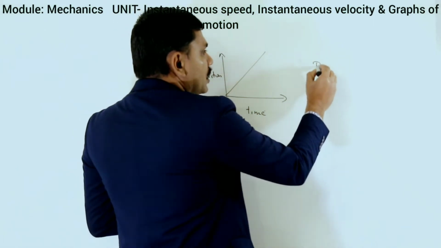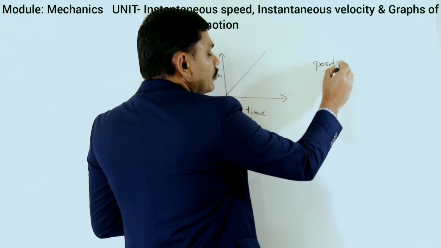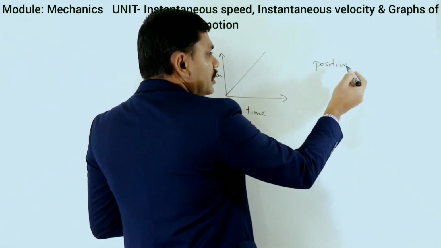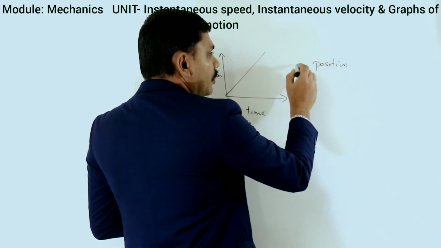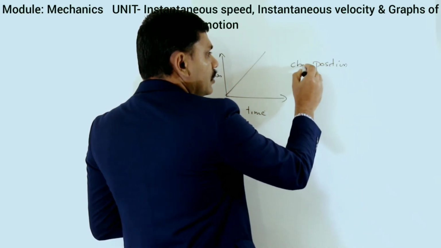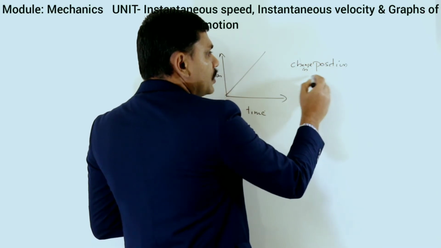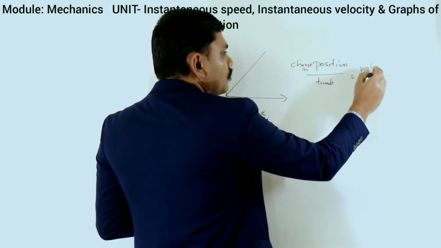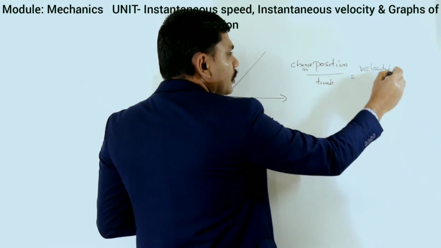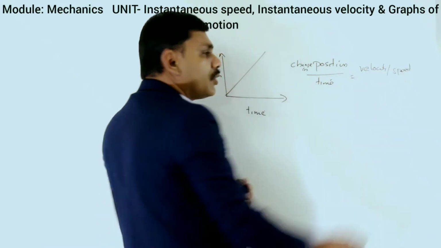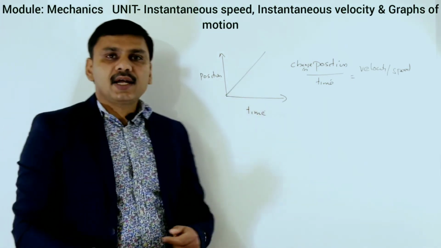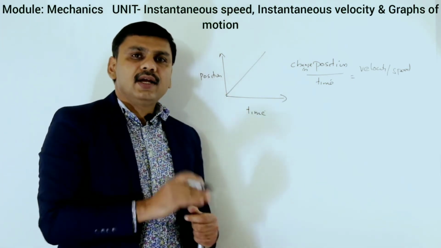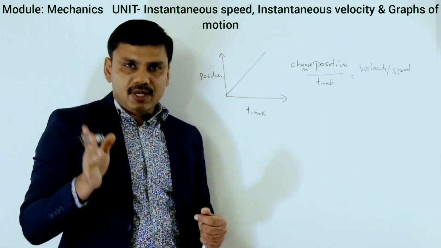So from a position-time graph, your gradient will be velocity or speed.